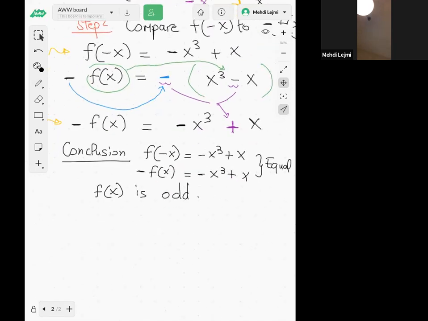All right, guys, is there any question? So this is for odd functions. So here's an exercise.